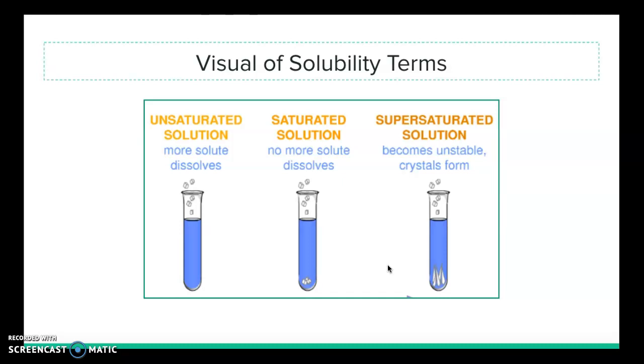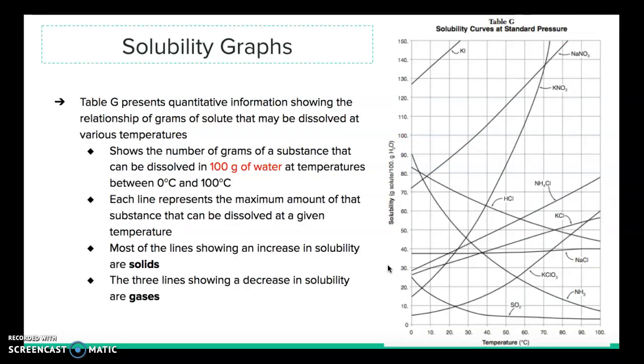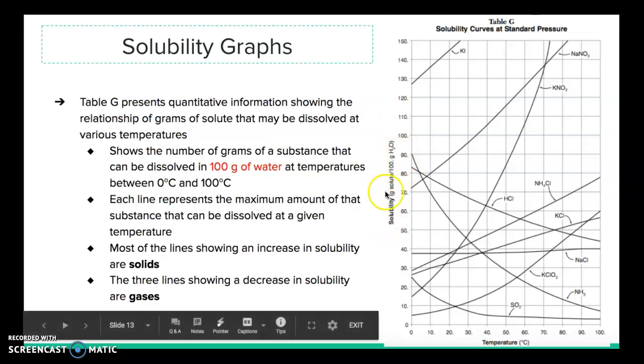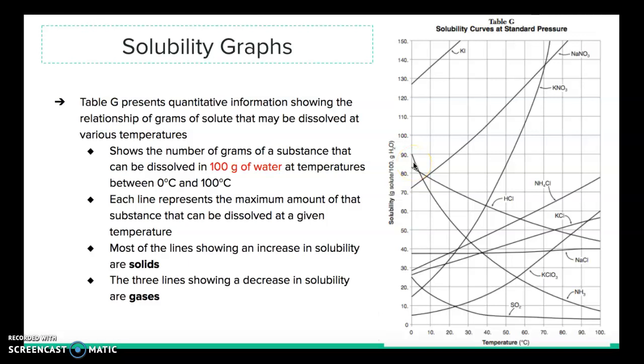or this will turn into a completely solid solution. Okay, so then we have table G, and this is solubility curves. This is given to us at standard pressure, which is 101.3 kilopascals, or 1 atmosphere. On our y-axis, we have the solubility, which is the grams of solute per 100 grams of water, our solvent.